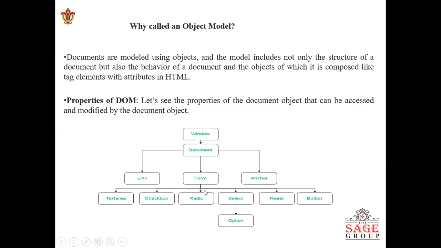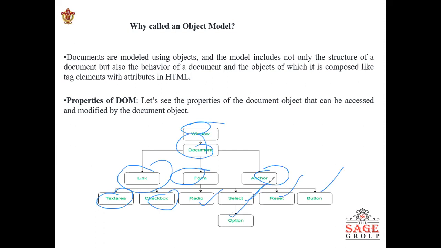So here you can see the window, for example, the document, and it is hierarchically attached with links, forms, anchors, and then the form is further divided into text area, checkbox, radio, select, reset, buttons, options, right?